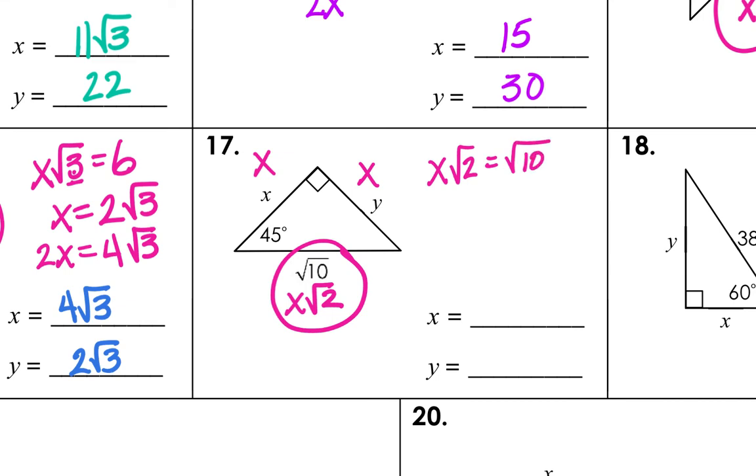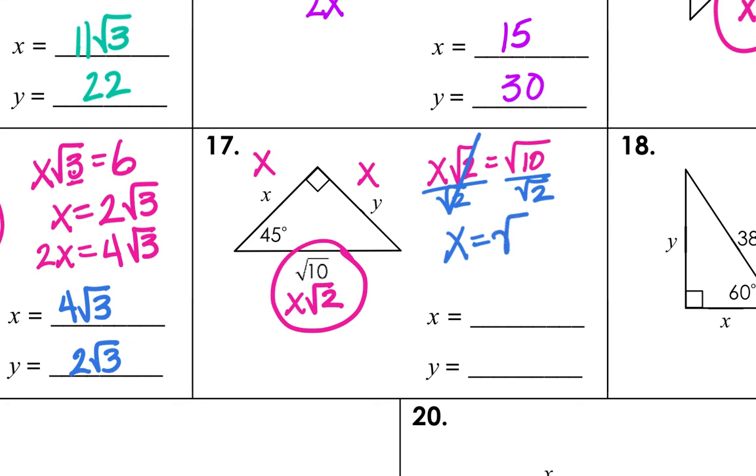Well, now I can't divide by 2 because there's not a whole number to divide by 2, is there? So think about what's happening here. If I divide by the square root of 2, I get that x is... well, what is the square root of 10 divided by the square root of 2? Are they both inside the radical? Yeah. Then what's 10 divided by 2?